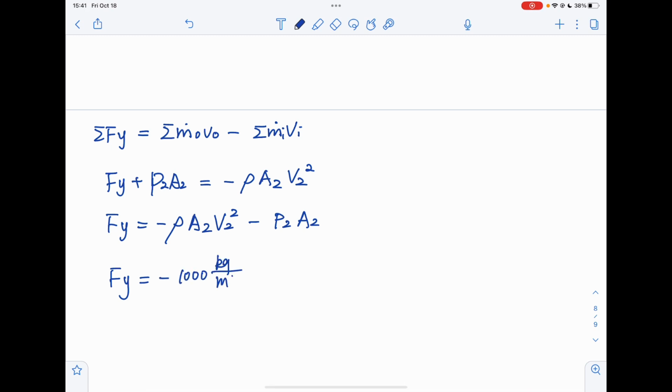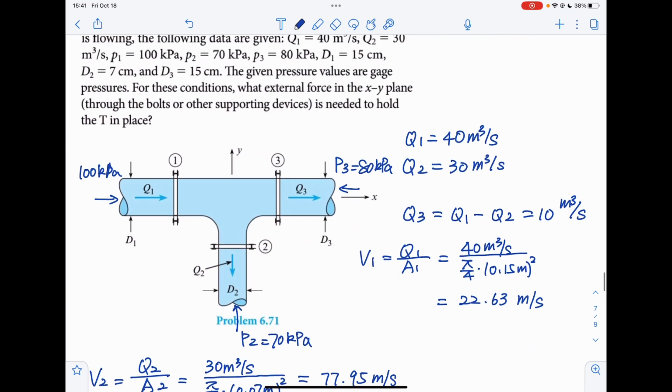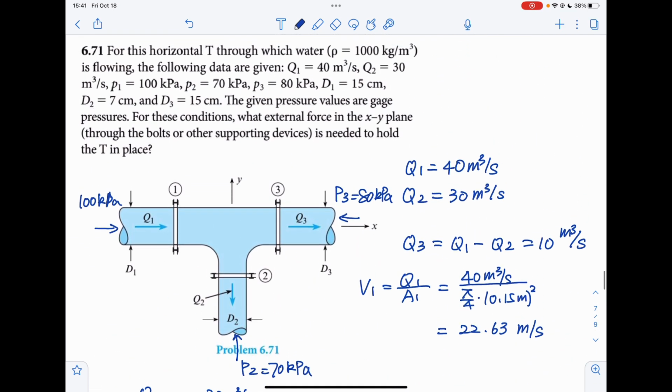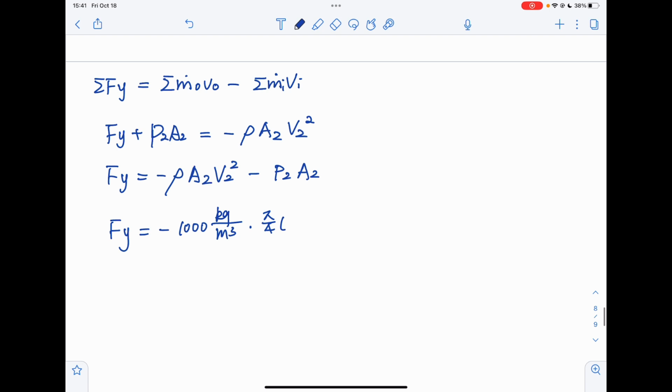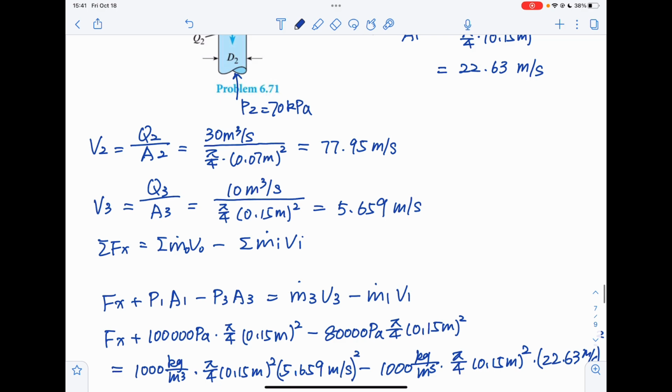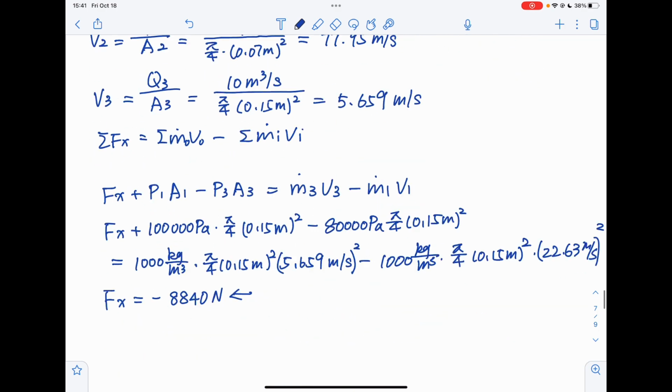Density in kilogram per cubic meter times the area, which is pi over 4 times 0.07 meters squared, and the velocity is 77.95.